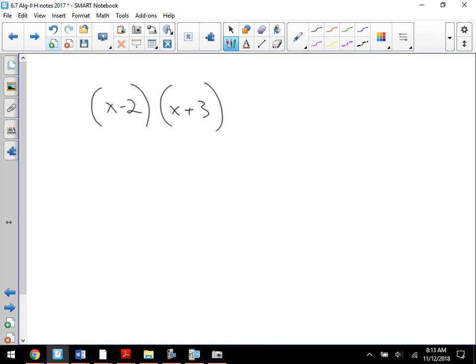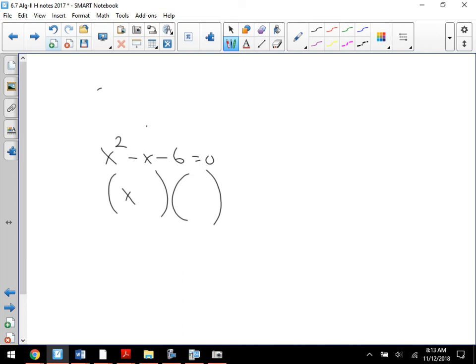If you FOILed that out, you have x squared minus x minus 6. When you factored that, it gave you zeros at -2 and 3.